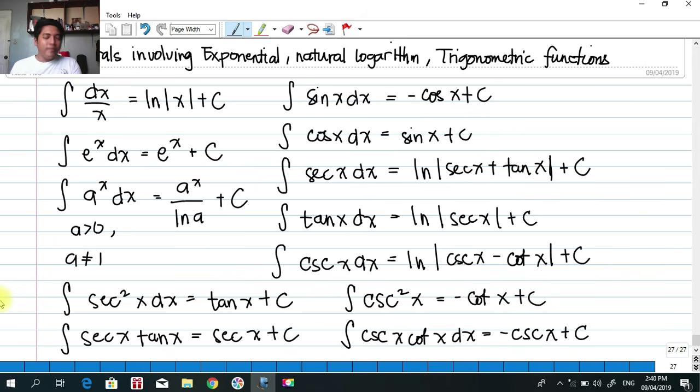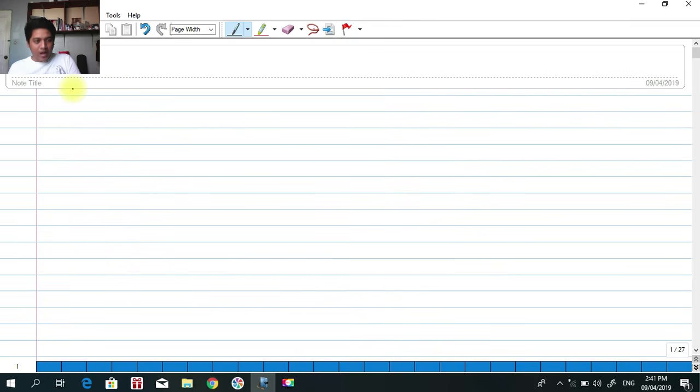Along the way, you may not memorize these at first, but you have to at least familiarize yourselves with these integrals, so that as you go on solving problems, you will eventually become familiar with the formulas. The only way for you to learn or memorize this is to solve problems involving these integrals.